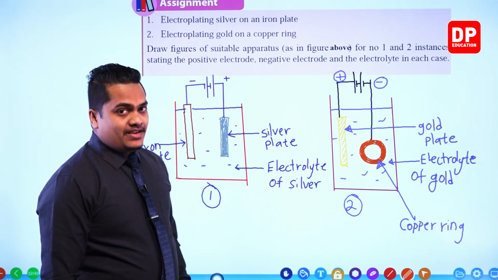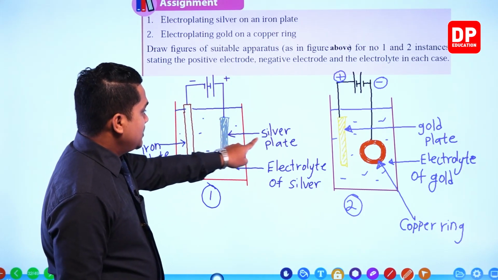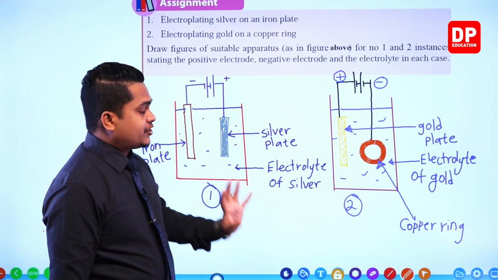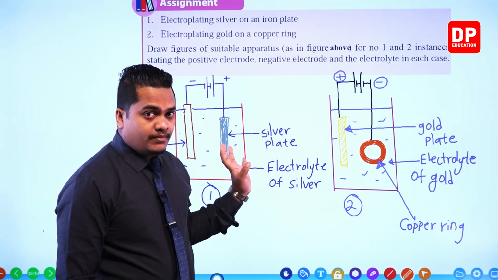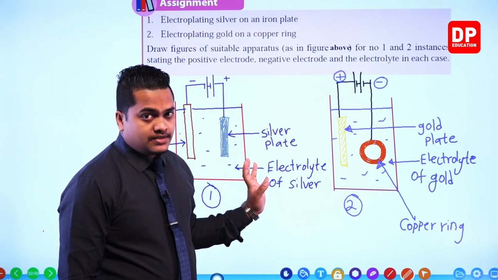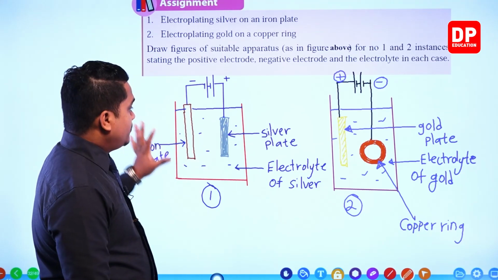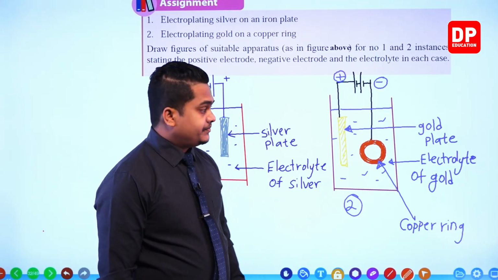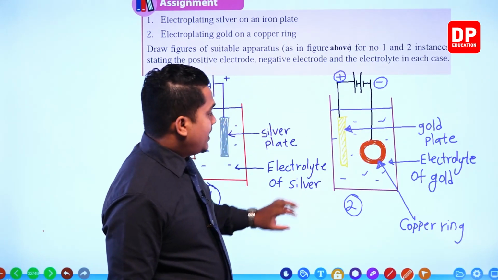So the speciality here is that remember always the positive terminal should be the metal that we need to plate, that is the metal which we use in the plating process, and the negative terminal is the object which needs to be plated. Negative terminal, object which needs to be plated.